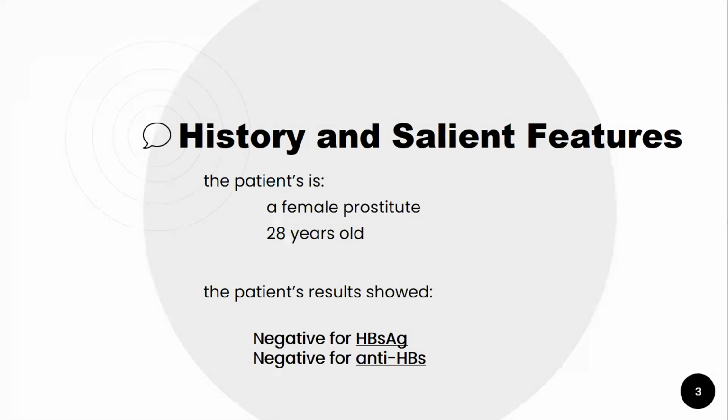For the history and the salient features, the patient is a 28-year-old female prostitute. The patient shows both negative for HBsAg and for anti-HBs.